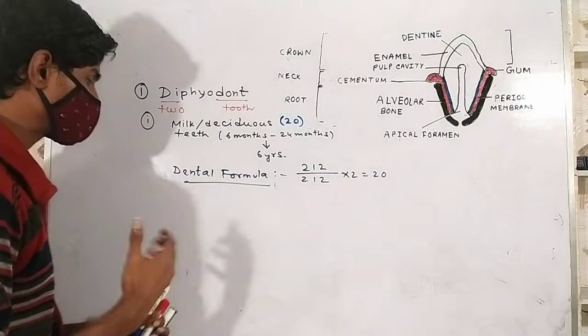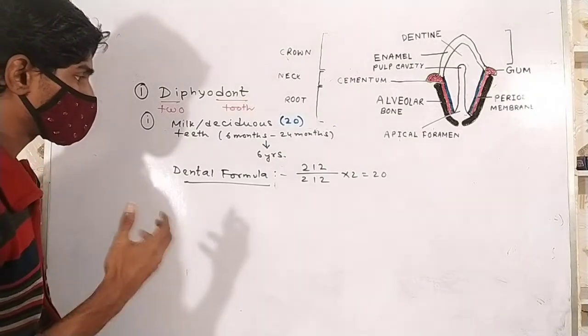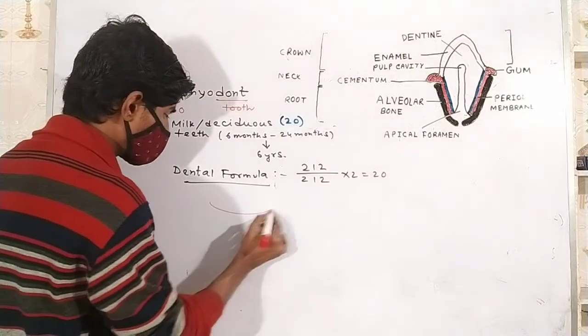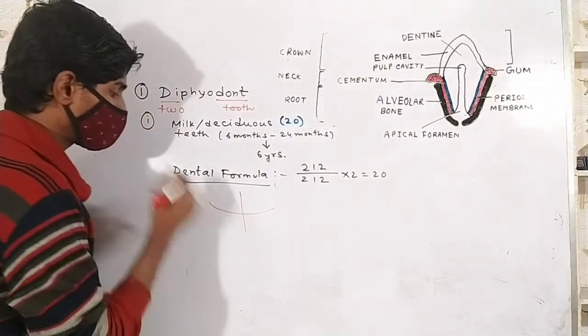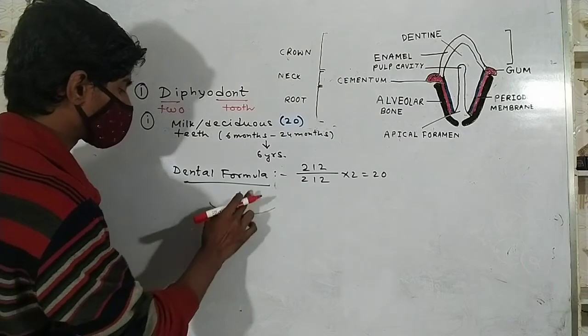Now let us discuss the dental formula in a little bit more detail so that you can understand it in a better way. Here the entire set of teeth has been divided into 4 quadrants. Suppose we are talking about this quadrant.